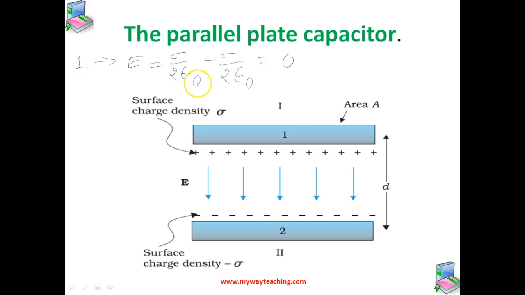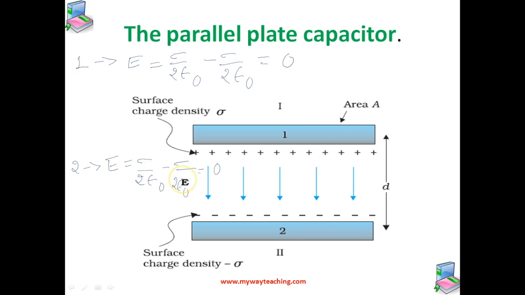At outer region 2, the electric field is given by sigma by 2 epsilon naught minus sigma by 2 epsilon naught, which is 0.